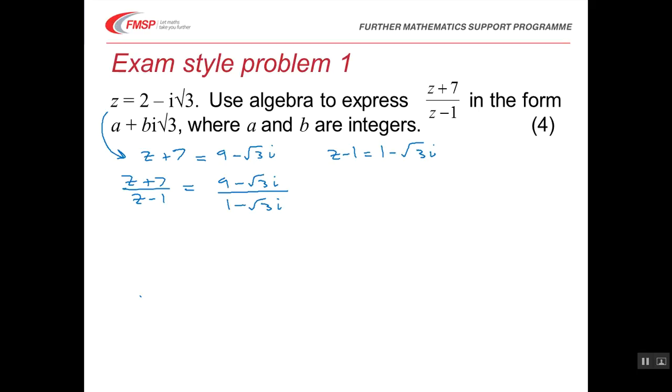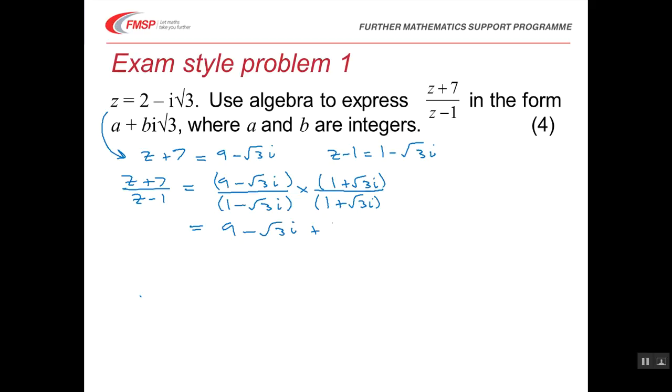We need to rationalise this, so we're going to times top and bottom. We look at the denominator, which is 1 minus root 3i, and we multiply top and bottom by its conjugate, 1 plus root 3i. Don't forget to do the same to the top. So in effect we're multiplying by 1. So carefully doing the multiplication, we get 9 times 1, minus root 3i times 1.